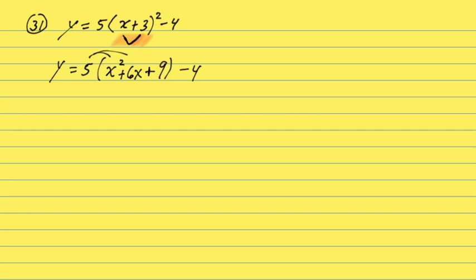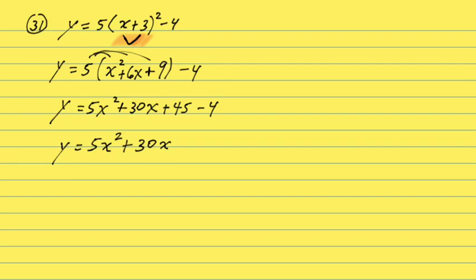Now when I distribute this 5, that would be 5x squared plus 30x plus 45, I think, and then minus 4. So you'd end up with 5x squared plus 30x, and I think plus 40. Again, it's just distributing and cleaning it up.